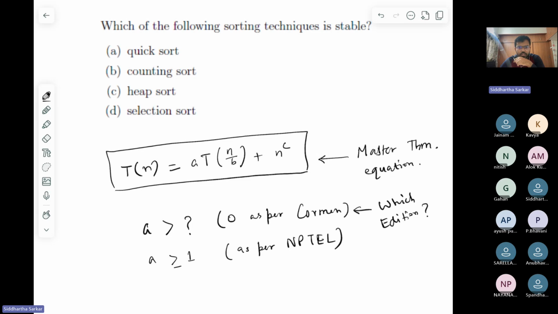Just give me a moment, I'm checking the fourth edition as well. Okay, so it is saying that the master method is this, where a is greater than 0 and b is greater than 1. So you are right. In the fourth edition, they are saying that a is greater than 0.